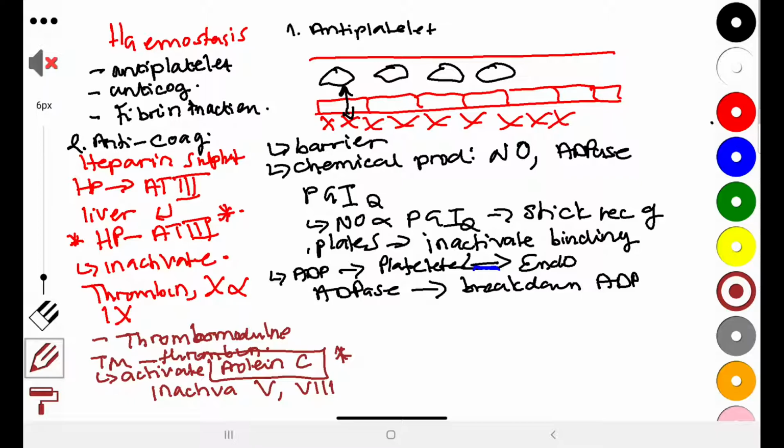The next one that we're going to talk about is fibrin inactivation. That's number 3.